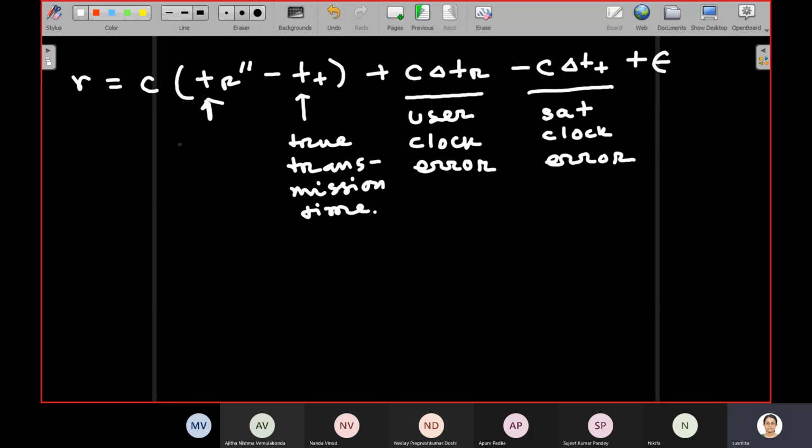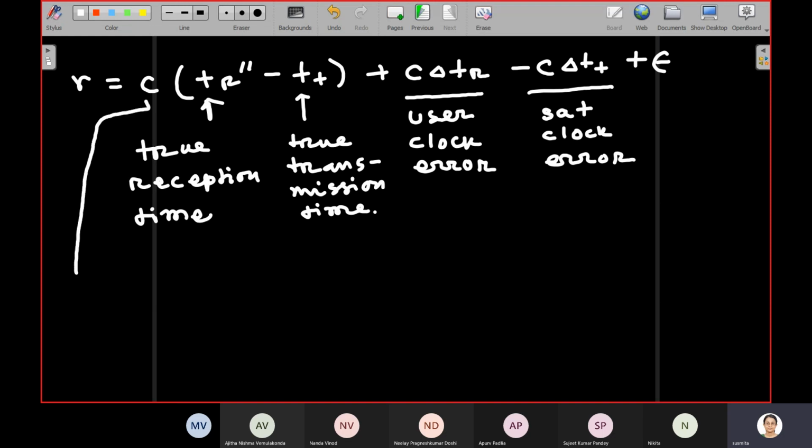This is the true reception time, but I have not put it here. You'll understand, right? True reception time. Okay. And we assume that the signal travels at the speed of light.